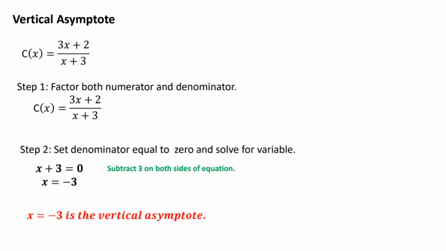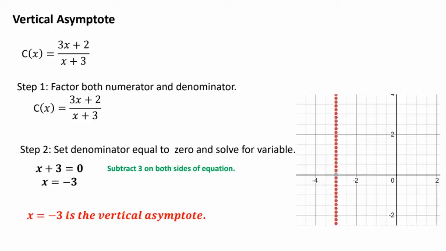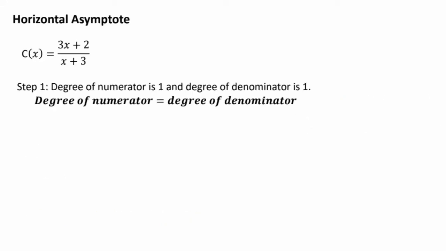Now, let's look at our horizontal asymptote. We had 3 cases. Again, this is the graph. It's a vertical line, and we represent it as a dashed line. So for the horizontal asymptote, the degree of the numerator here is 1. We don't write it. And the degree of the denominator is also 1. So since the degree of my numerator is equal to the degree of my denominator, we're going to have a ratio.